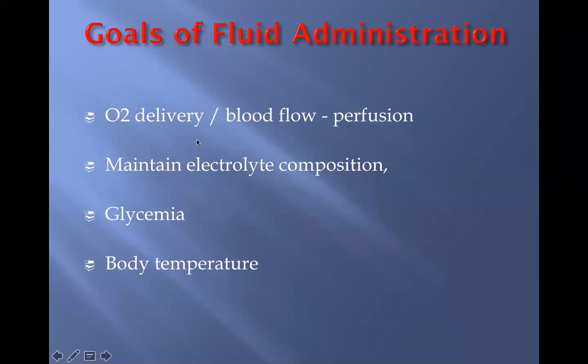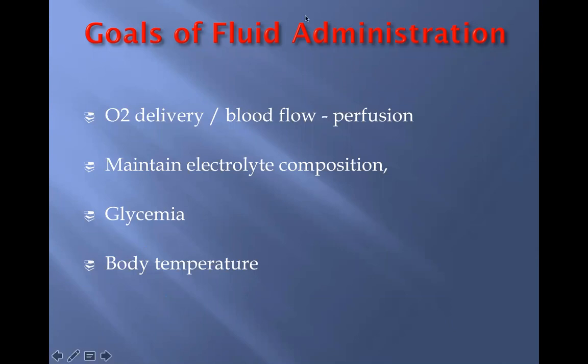Fluid is a part of volume, and the volume is a part of blood flow to the several organs, especially the vital organs: cerebral blood flow, myocardial blood flow, renal blood flow.